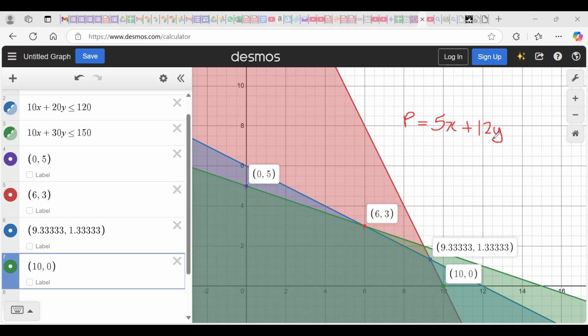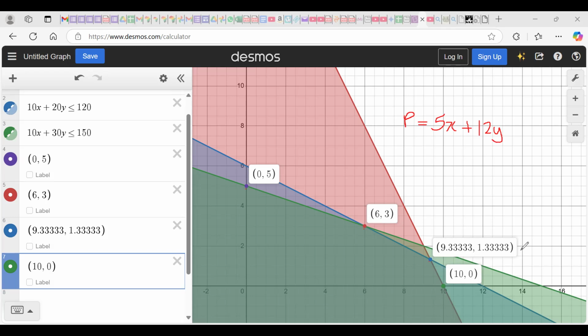So if you try 0, 5, well, remember 0, 5 doesn't actually satisfy the constraint. I think you can have them 0, yes, but they wouldn't give you a maximum. You may, if you use 9 and 1, I don't know. Don't use 0.33 because you can't have 9 and one third of a circuit board.